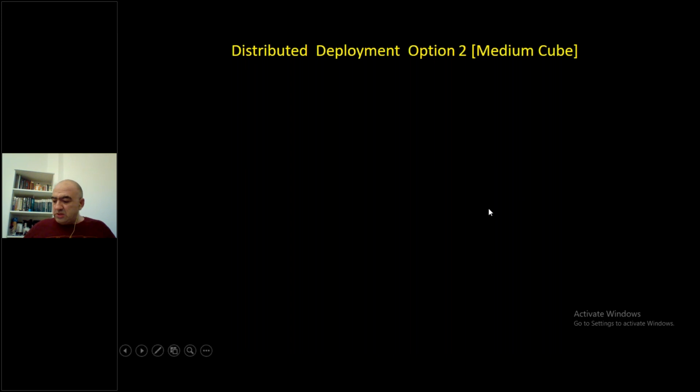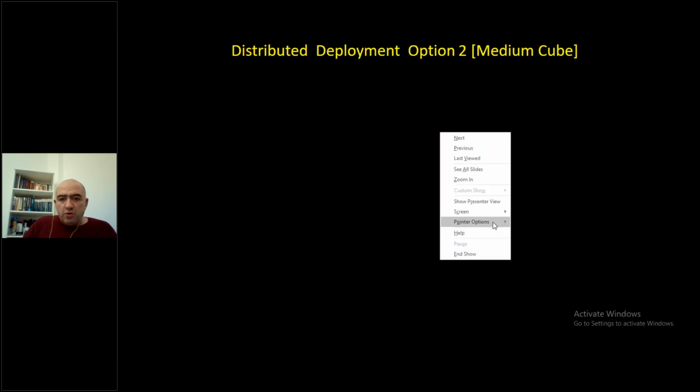Okay, now let's talk about the second option in distributed deployment. You understand that the first option is having two nodes, one primary, one secondary, with the administration persona and your monitoring persona. Now we will go to another option.